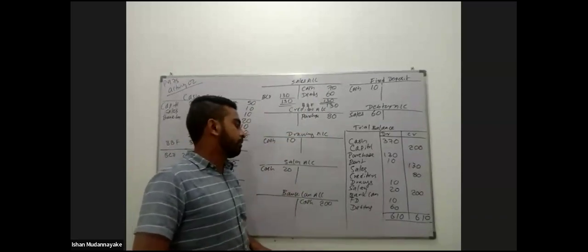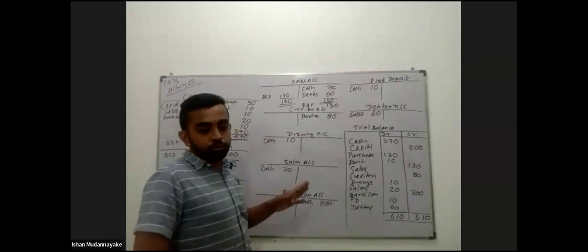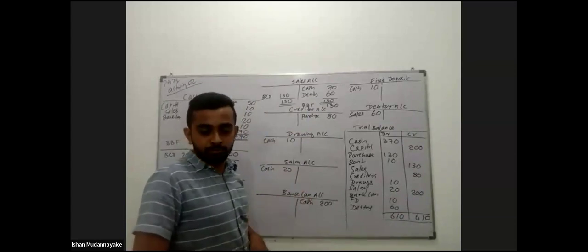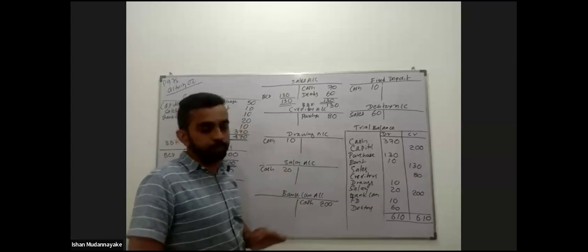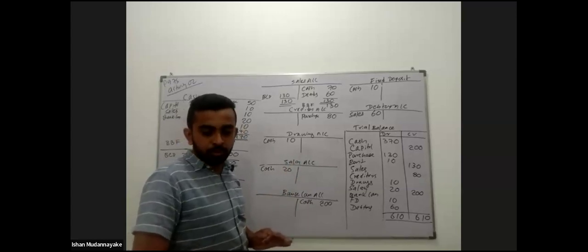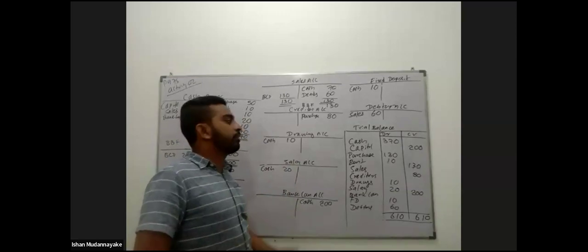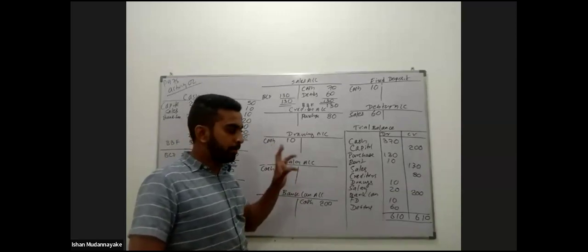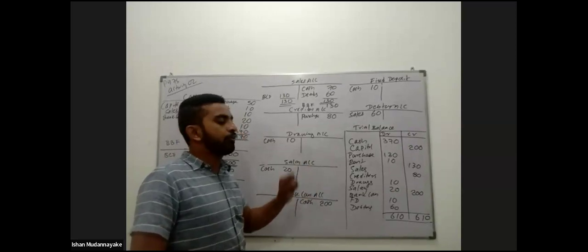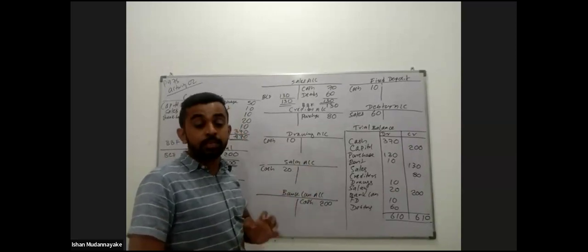Another thing is, ledger accounts have been balanced off properly. You have passed your entries properly as well as balanced the ledger accounts. Those are the things confirmed by the trial balance if it is equal.